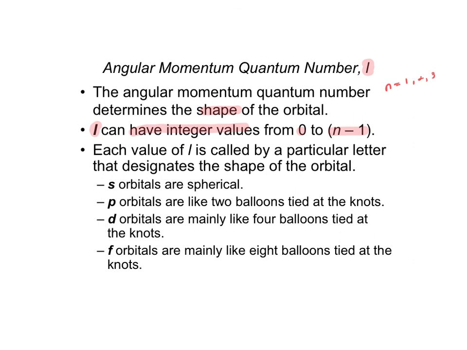For our purposes, there are 4 letters that we need to know: the s orbital, p orbital, d, and f, and these correlate to L values of 0 for the s orbitals, 1 for the p, 2 for the d, and 3 for the f's. So L gives you the shape, it depends on n, and it can have integer values from 0 all the way up to n minus 1.